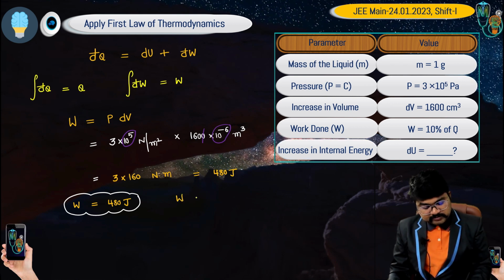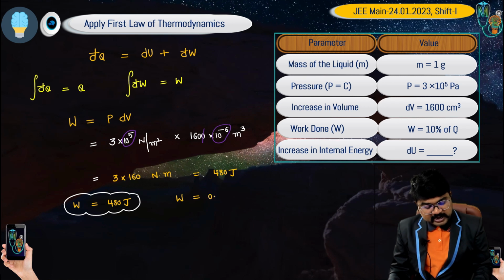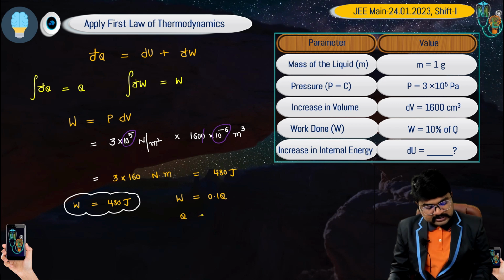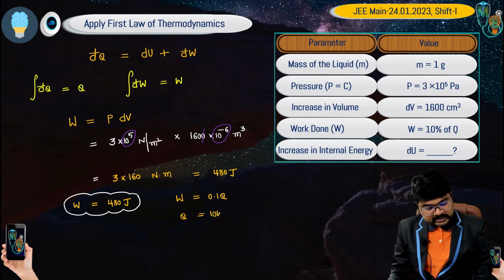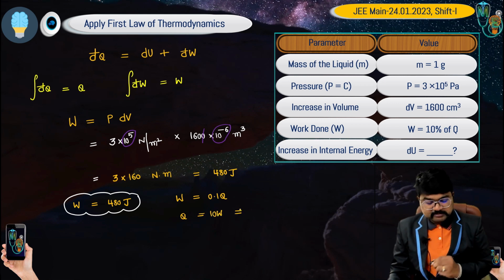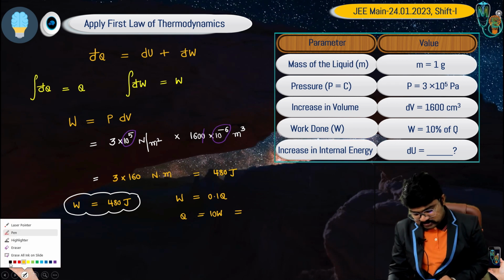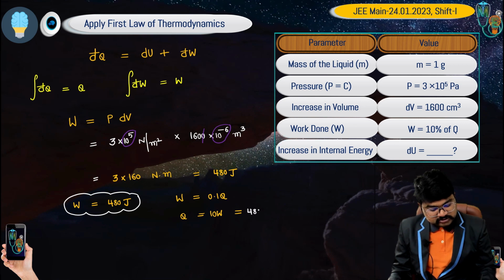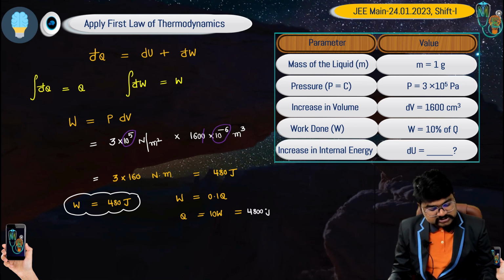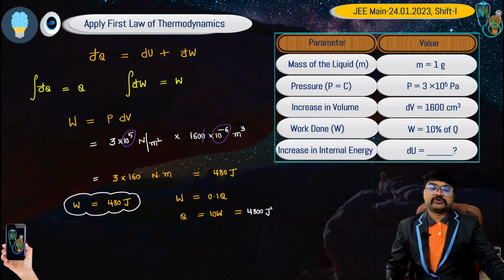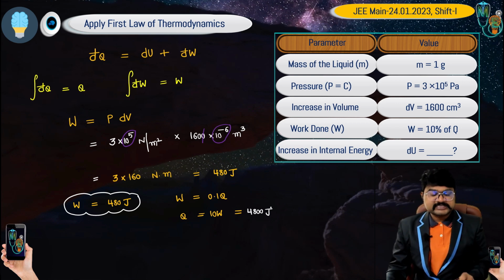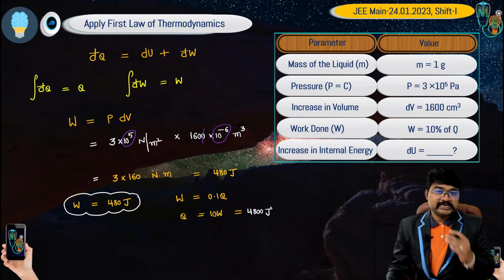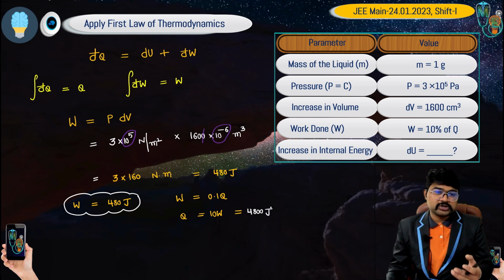W equal to 10% of heat supplied, 0.1 Q. What is Q here? 10 W. What is 10 W? 10 into 480, that means 4,800 joules. This is the total heat supplied. But here 10% of heat supplied is utilized to do the work.